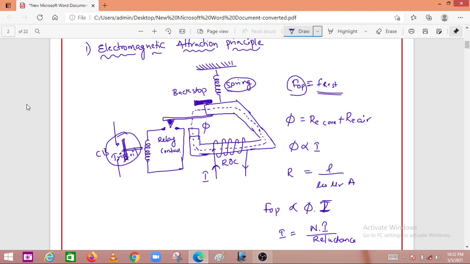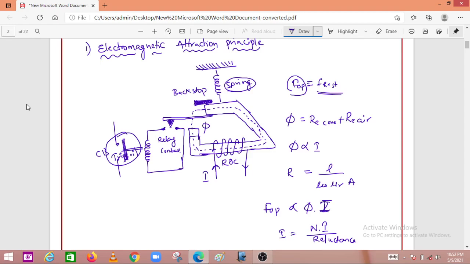Because of that, the iron pot will move in the downward direction. That means the operating force is more than the spring restraining force, therefore it will be attracted towards the contact, and meanwhile the plunger is going to contact the relay contact because of the downward movement of the iron pot.